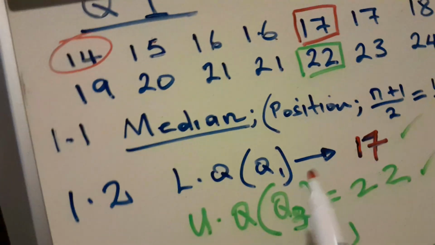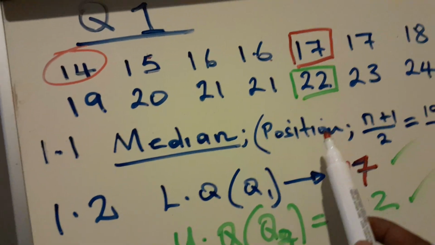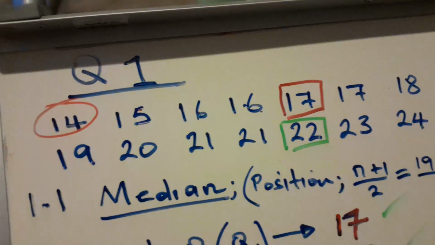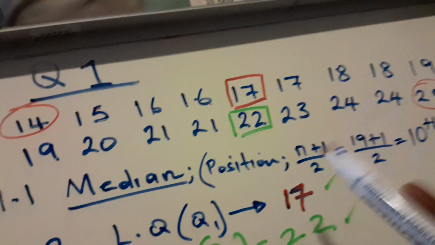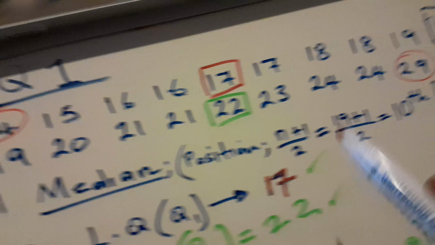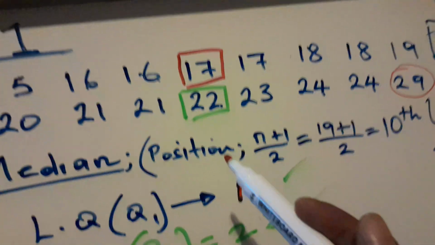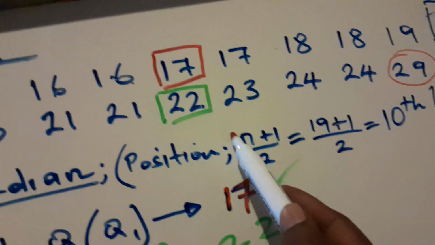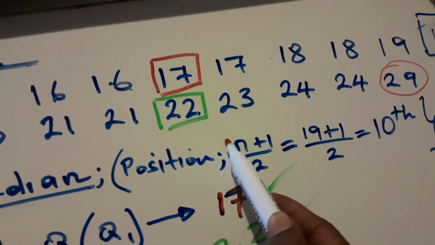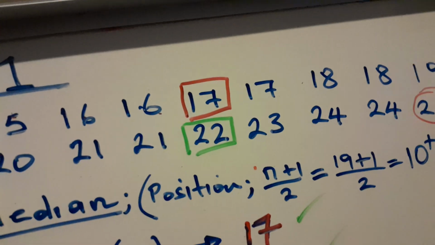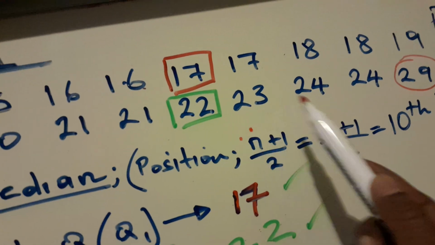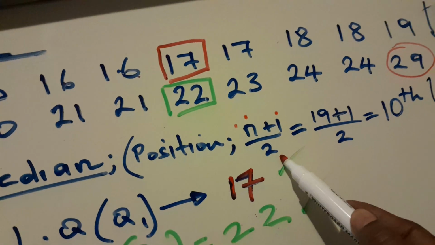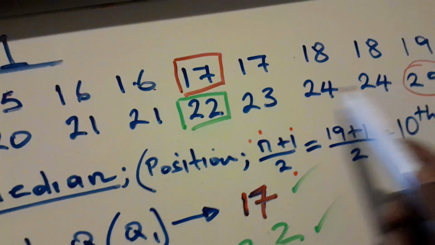Now, if you have a huge amount of data and you want to find the position of the median, not necessarily the median, the position, you take the number of entries in the data, add 1 and divide by 2. In this case, I have 19 entries.